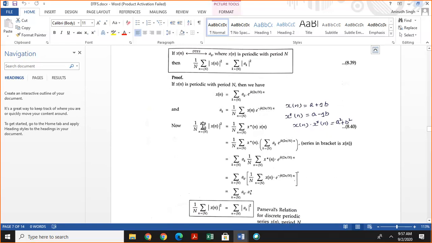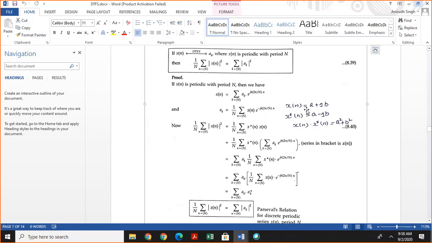We have to prove that 1 by N summation square of mod of x of n is equal to summation square of mod of a_k. This is given by 1 by N summation square of mod of x of n, and x of n squared mod is given by conjugate of x of n multiplied by x of n.